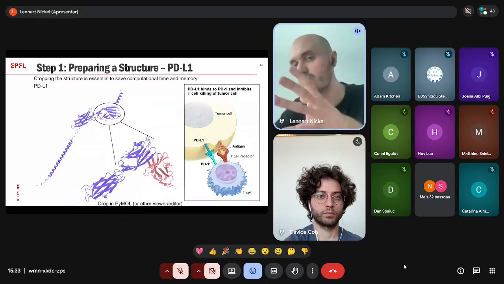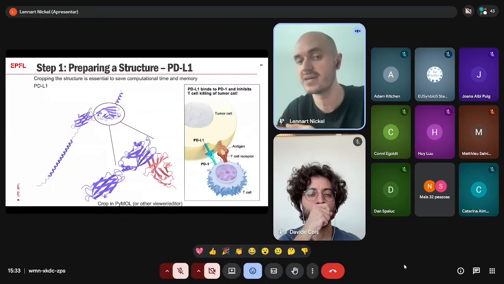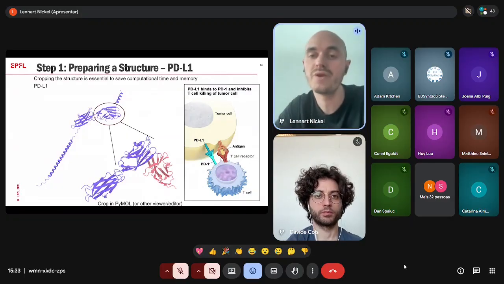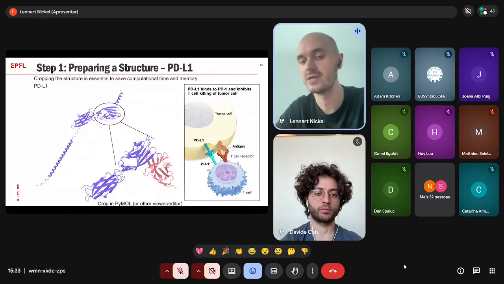So the smaller you can break it down to the problem that you're actually interested in, the better and more efficient it becomes. And for PD-L1, we were interested in looking at the binding site of PD-1, which you can see here on the bottom right, in purple and rose.